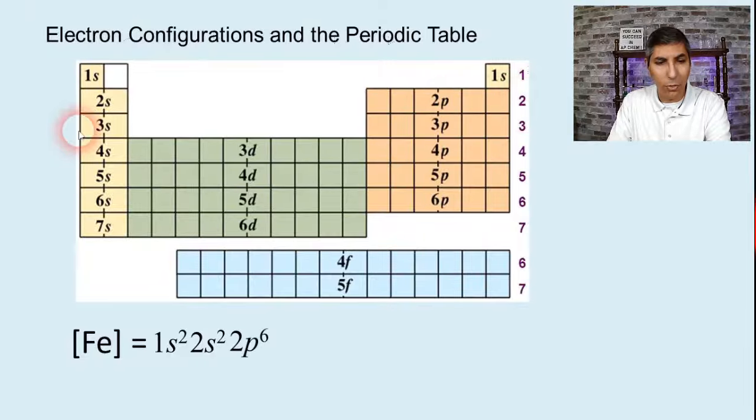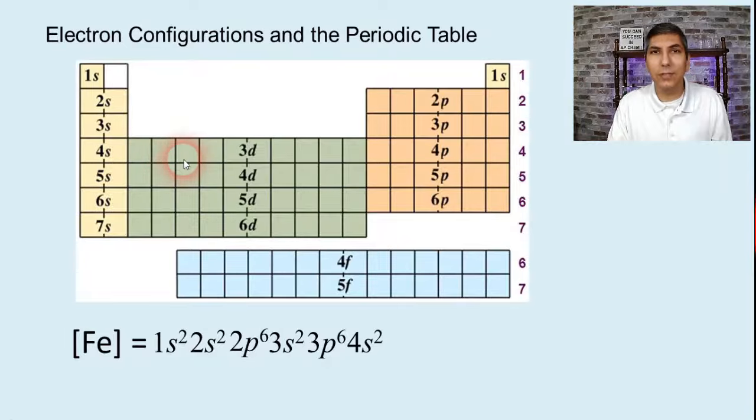We start the next street. 3s has 2 boxes, so it's 3s2. And then we have 3p, and there are 6 boxes there, so it's 3p6. And then we start the next street. The 4s section has 2 boxes, so it's 4s2. Now, we don't want to pass our destination. Iron is in the 3d section, and it's right here.